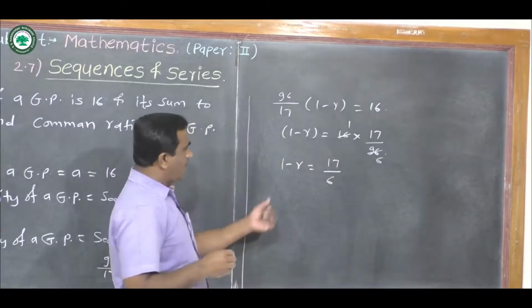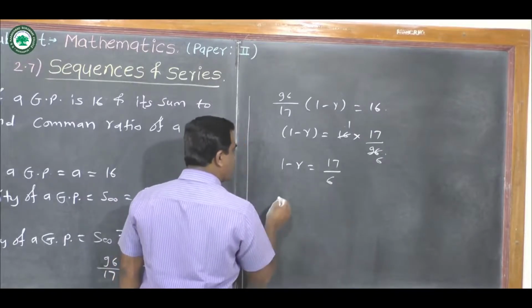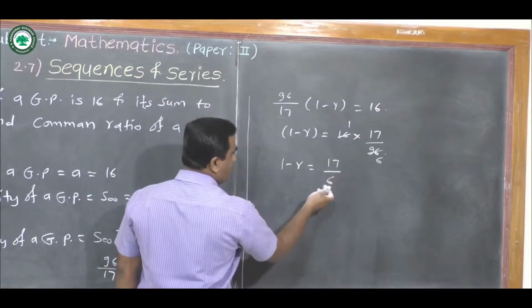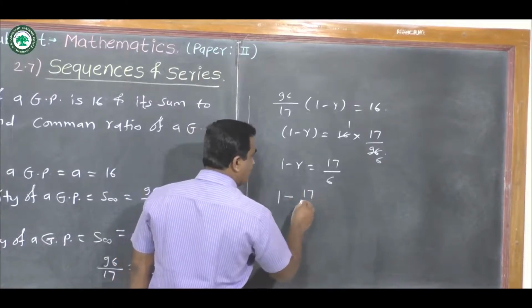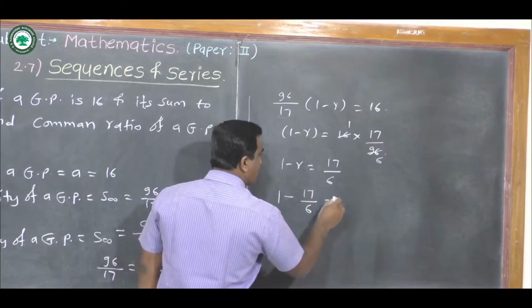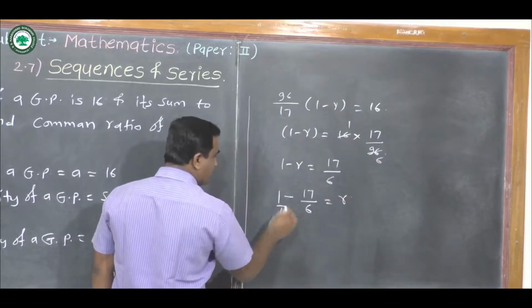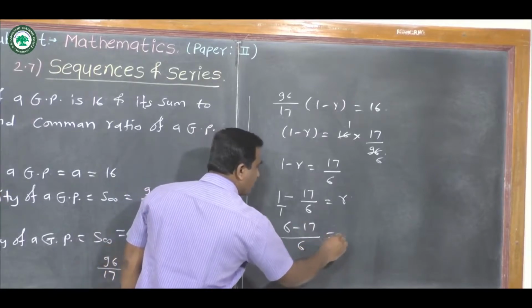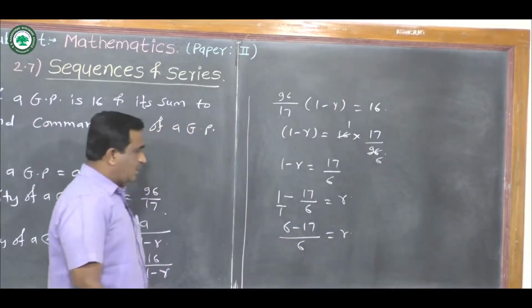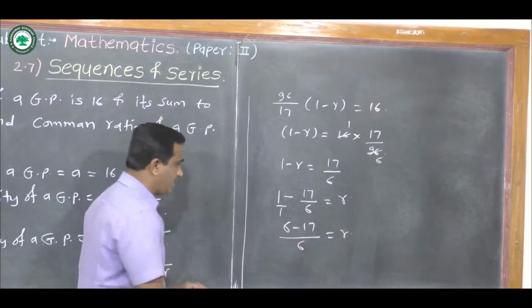Now we have to find R here, then we can write, taking this minus R to the RHS and this 17 upon 6 to the LHS, 1 minus 17 upon 6 is equal to R. Now taking this addition, 6 minus 17 upon 6 is equal to R. Now taking subtraction here, 6 minus 17 means minus 11.